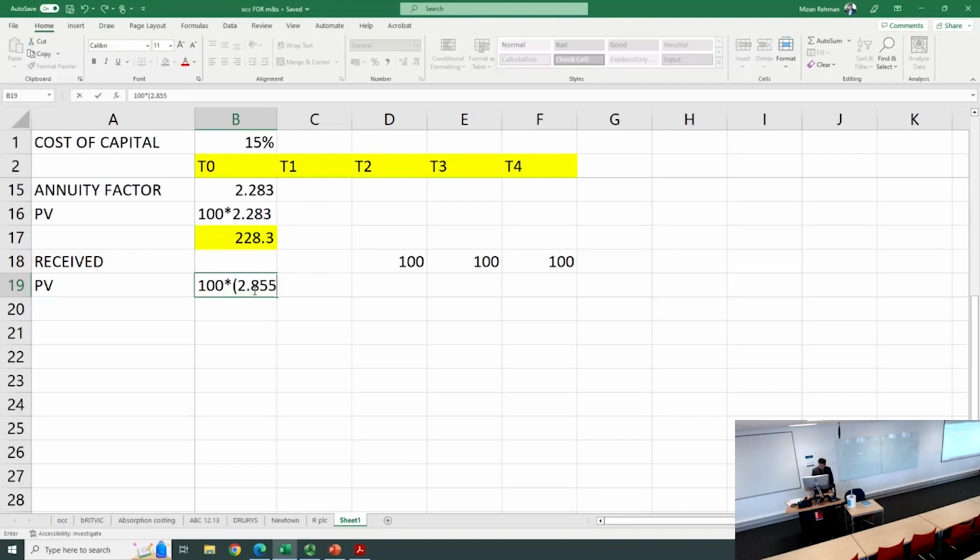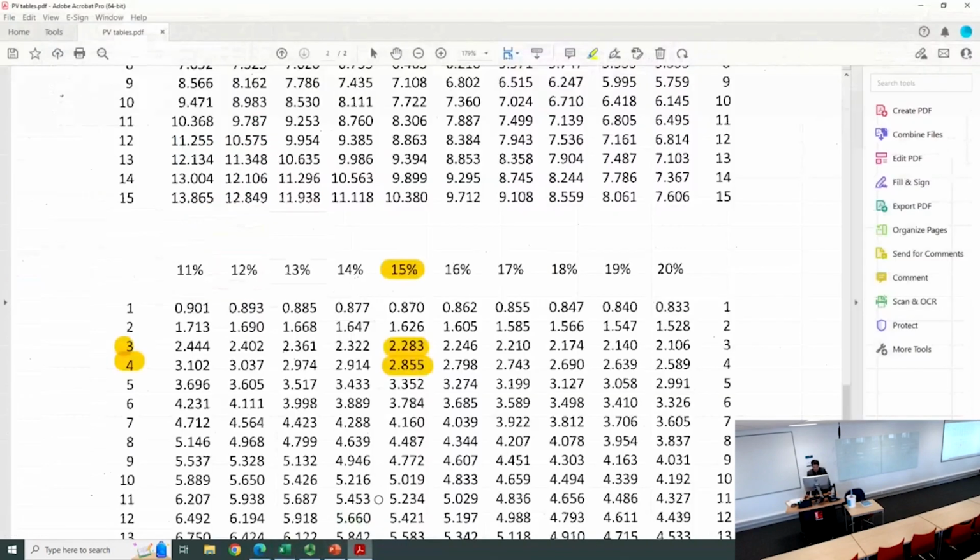However, because we skipped T1, we will take away the PV of T1 from this value. And this is 0.870. If we would have skipped 2 years, then we will pick figure 1.626.